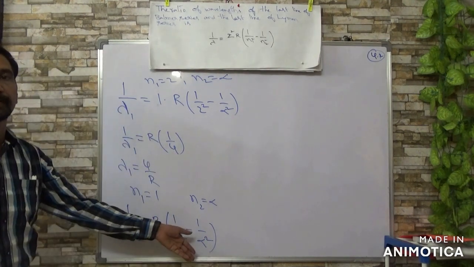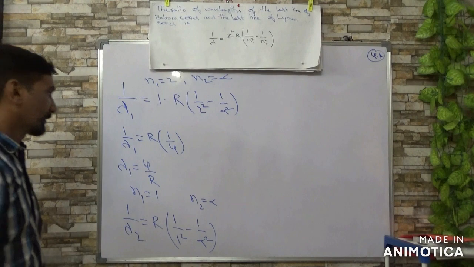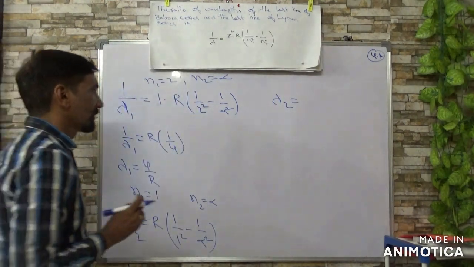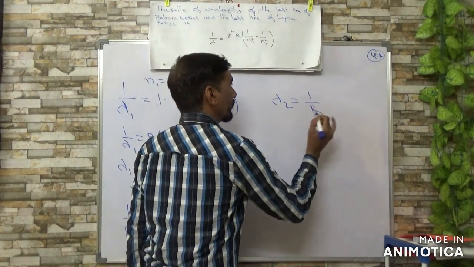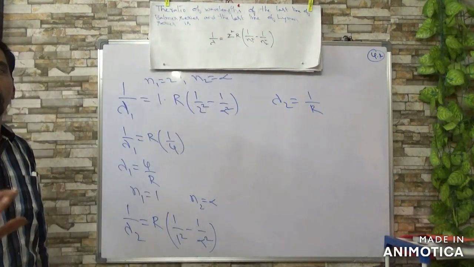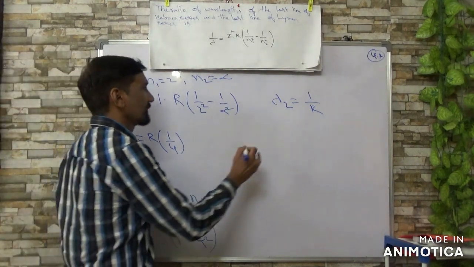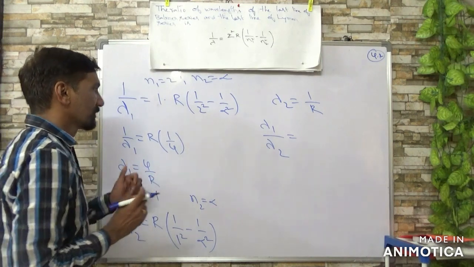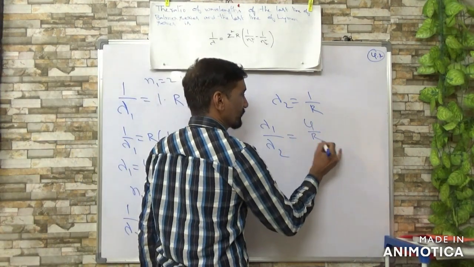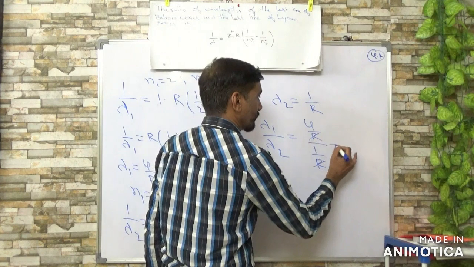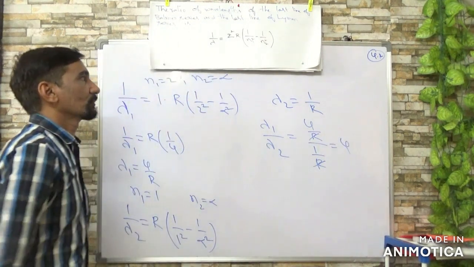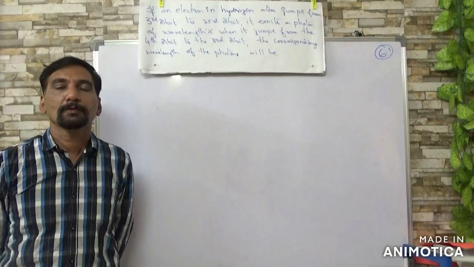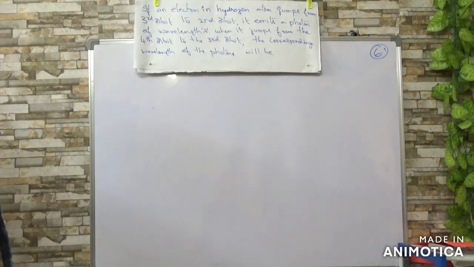This 1 by infinity square value is 0, so lambda 2 is equal to 1 by R. You want to find the ratio of wavelengths, so lambda 1 by lambda 2. Lambda 1 is 4 by R divided by 1 by R, cancel, and you get 4 times. So the ratio of wavelengths is 4:1.